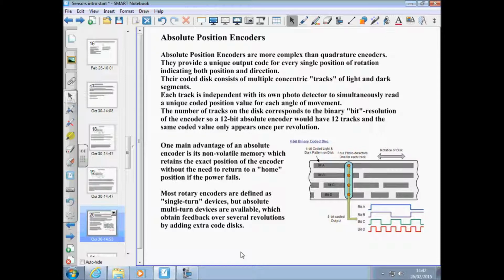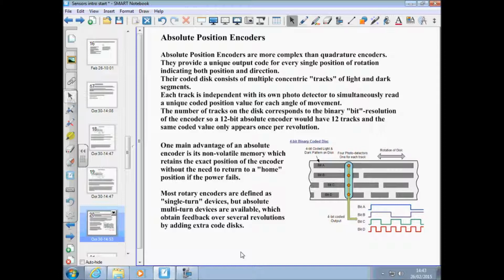So in any position on that scale, this is creating a unique code, like what you saw the other week: 4 zeros, 3 zeros and a 1, 3 zeros and 2 zeros, a 1 and another 0, and that can be in binary code or grayscale.